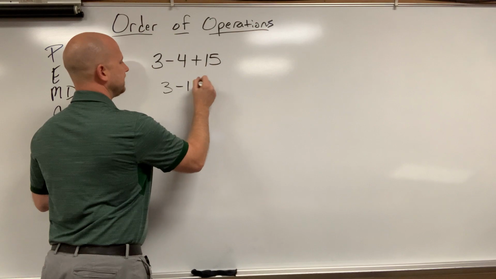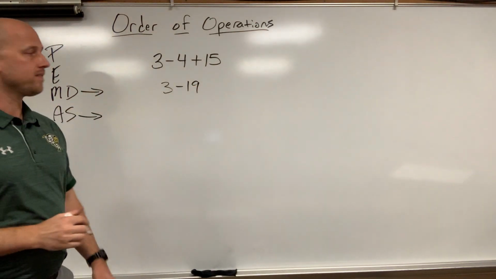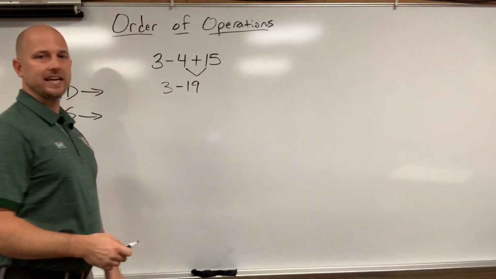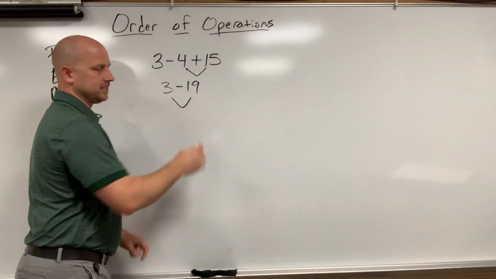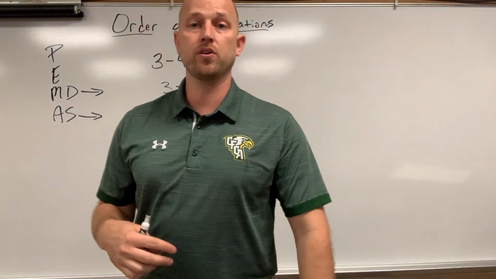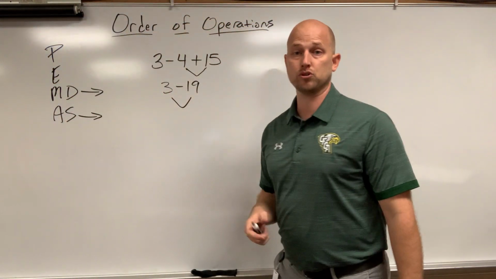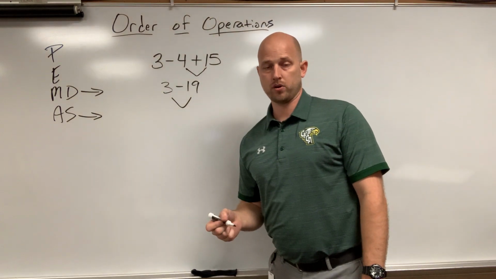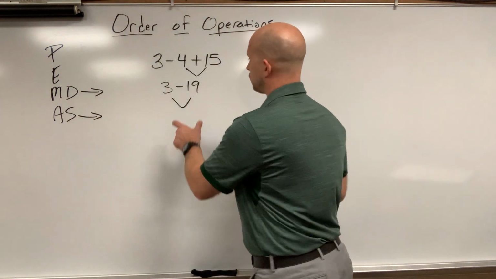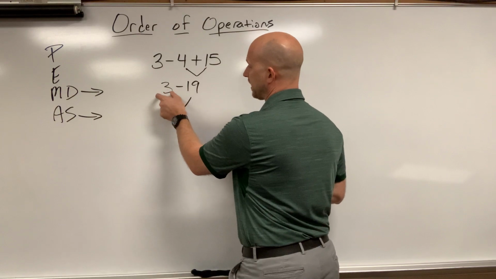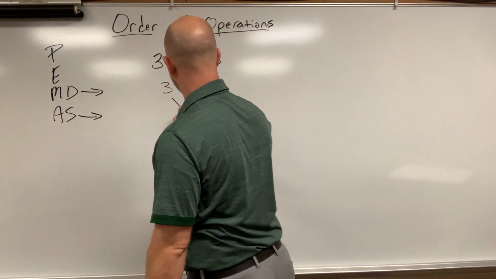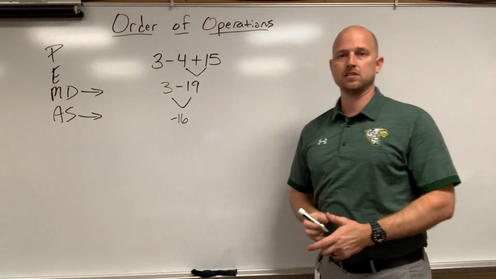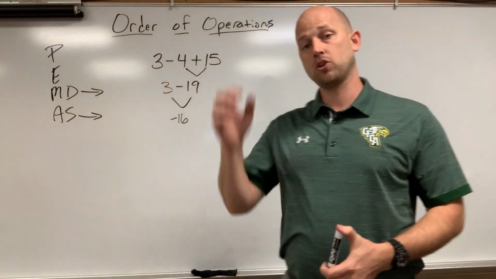That gives us 19. Then 3 minus 19, using our integer rules: different signs subtract, take the sign from the larger number. So 19 take away 3 gives us 16, and it's going to be negative because 19 is negative and it's the larger number.